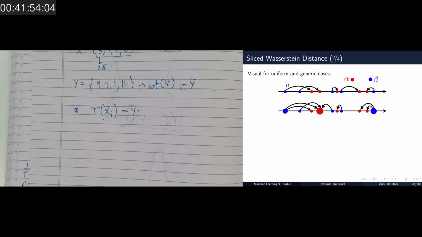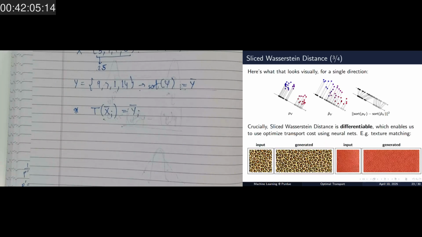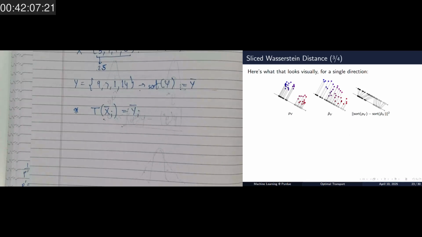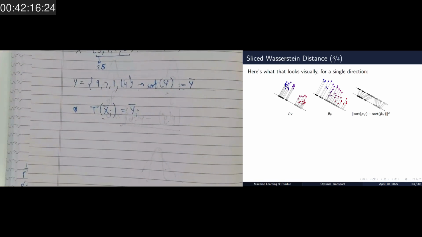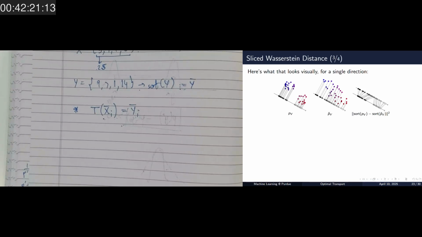Okay, so now this is our setting that is working in the one-dimensional case. But now we want this to work in the d-dimensional case or the arbitrary dimensional case, and we do this by projecting the measure in whatever d dimensions into this real number line by sampling a vector from the unit circle and then projecting the measure onto the direction that we sampled.